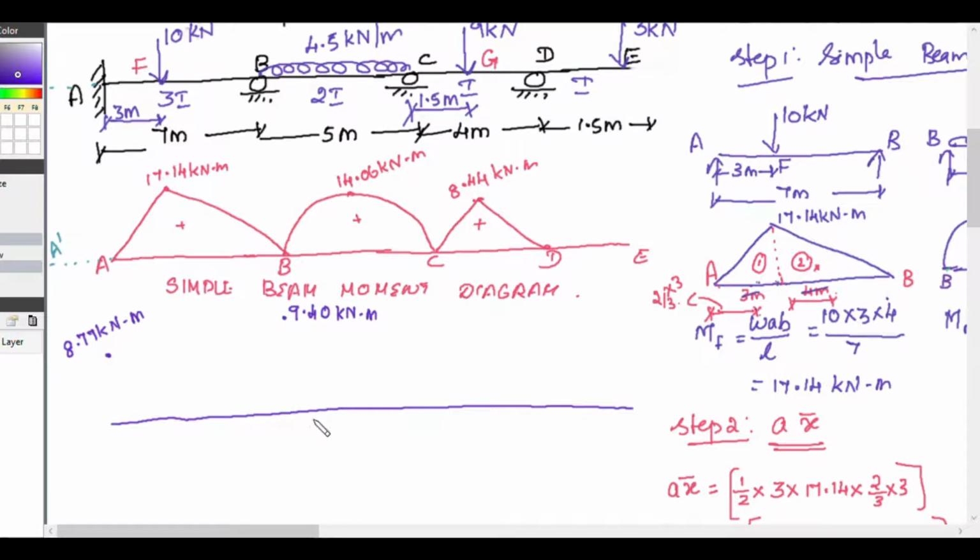At C, it is minus 6.43 kilonewton meter, and at D it is minus 4.5 kilonewton meter.